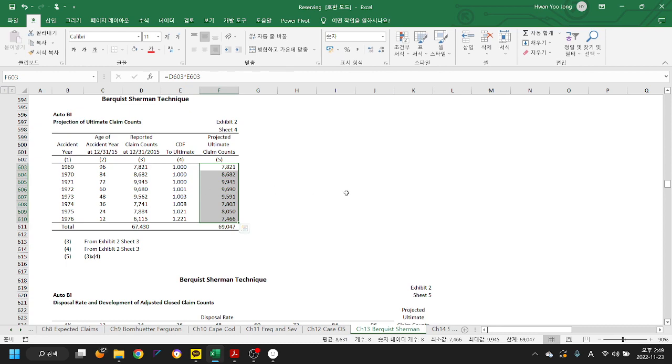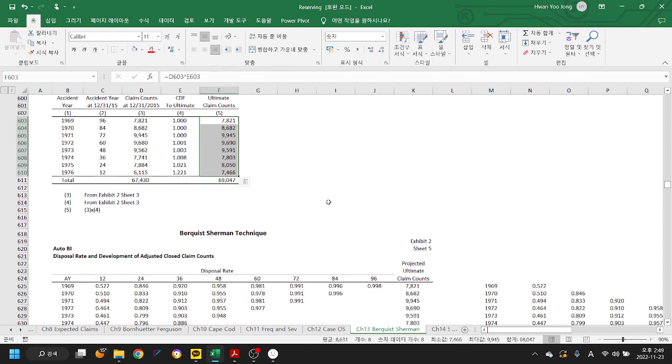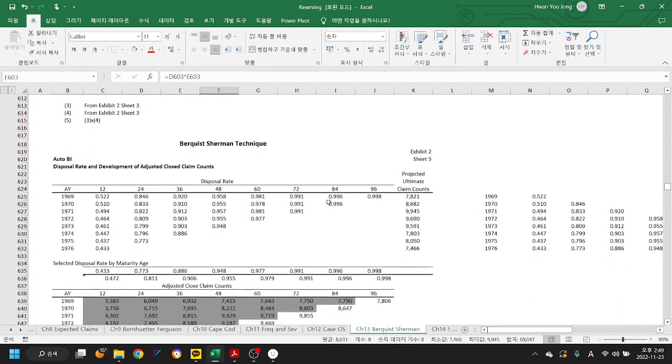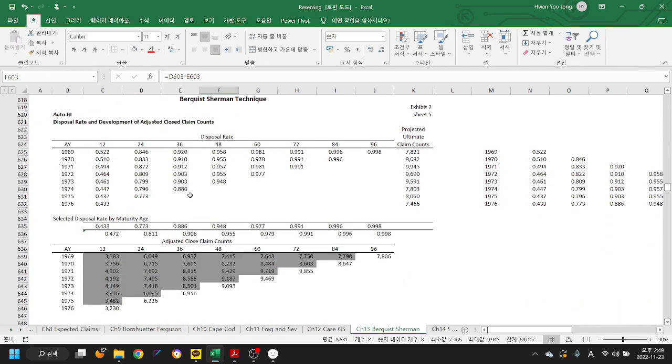This is the claim counts development factor. And this is quite a new concept, the disposal rate. So what does dispose mean? On my side, I dispose of whatever I'm obliged to pay.